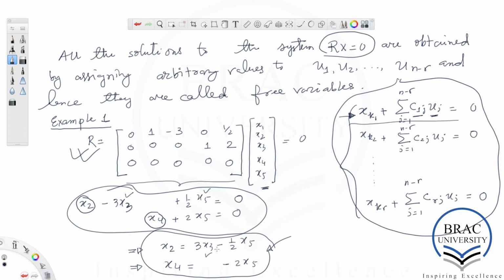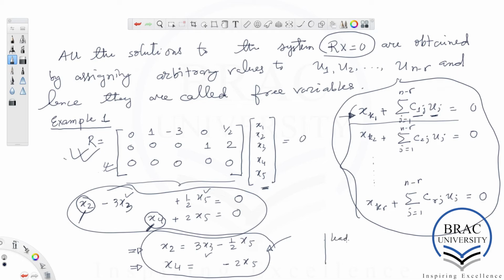These are free variables. So identify your leading variables and the free variables. So the leading variables of the system corresponding to this matrix are x2 and x4. So the remaining variables are the free variables. So let me write it here for you.